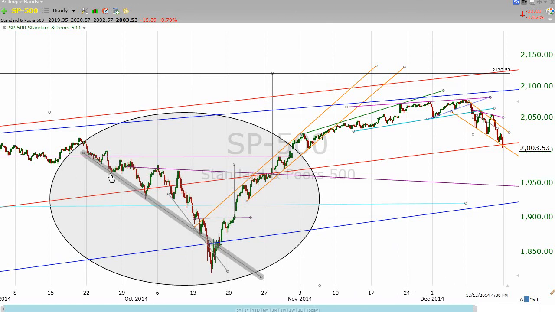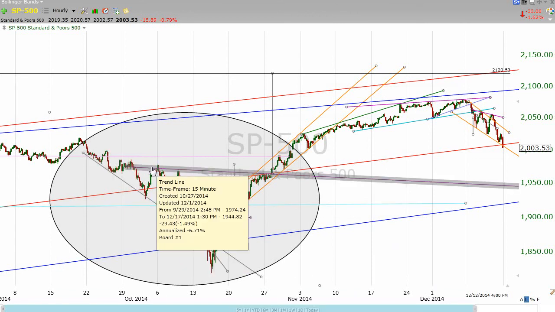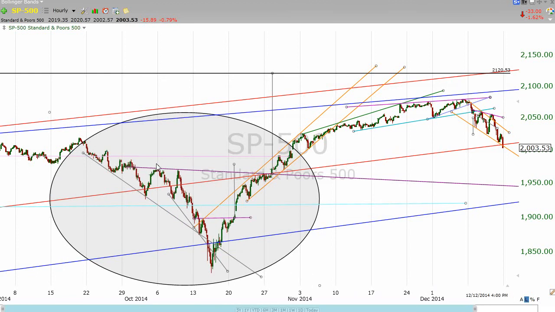We broke some support back in late September. We had an initial dip. We had a pullback. We had a recovery. We had another dip. Then we had a recovery. Then that's when we made that final swoop down that took out our areas of descending support, but that ended up being a bottom.